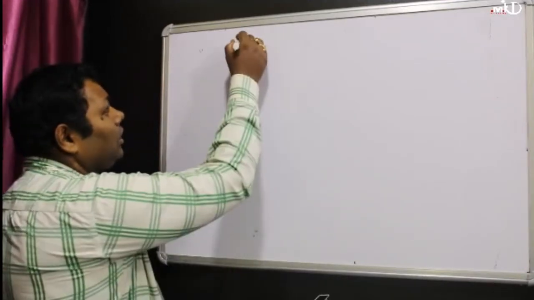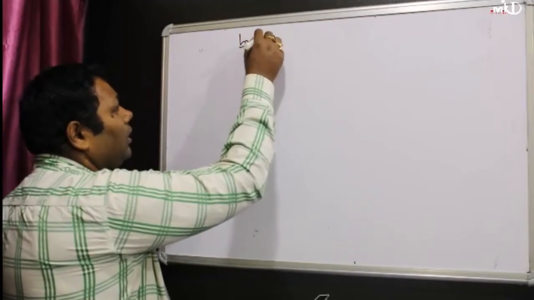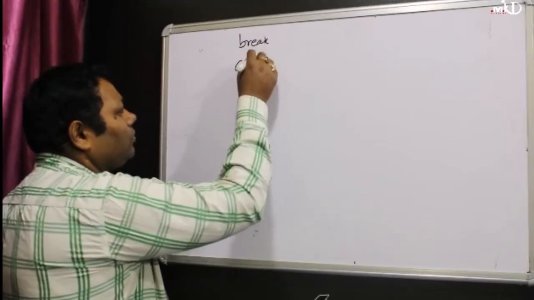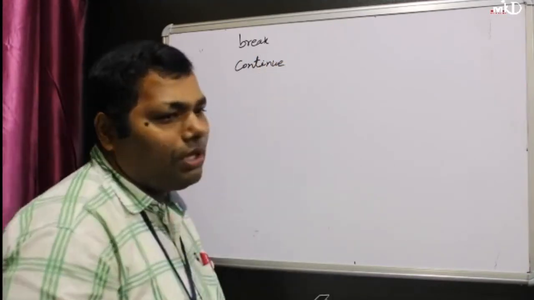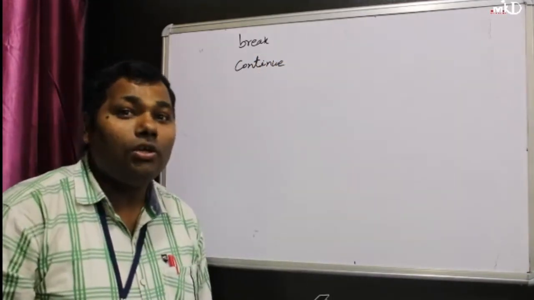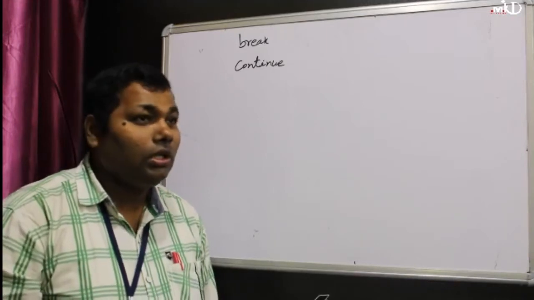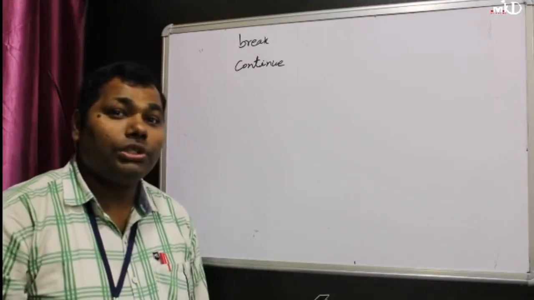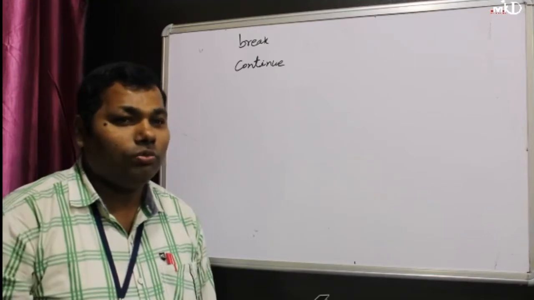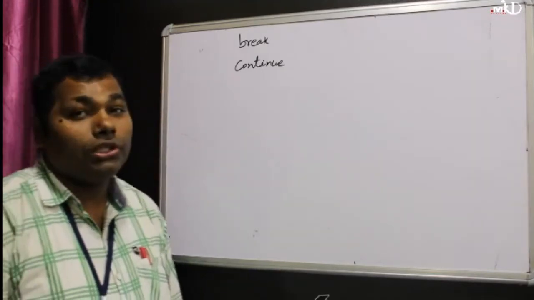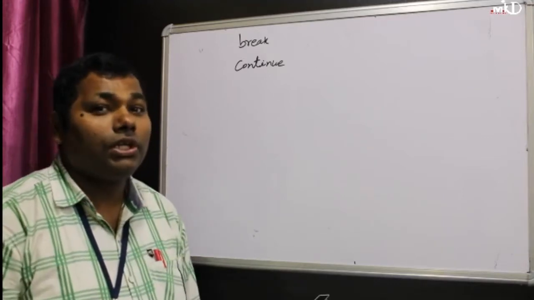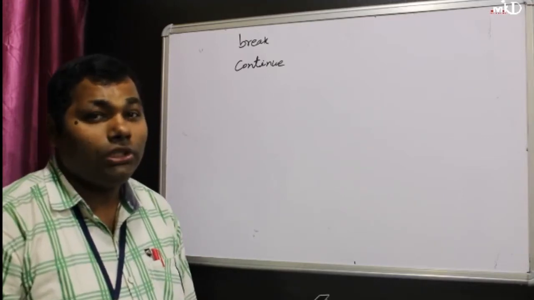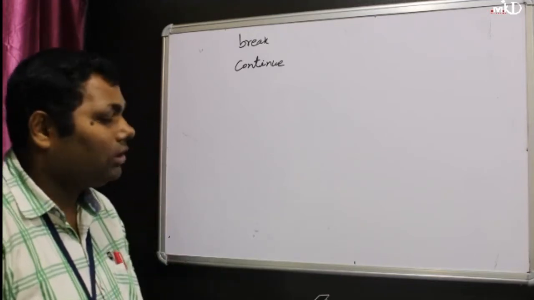They are called break and continue. These two statements are written inside the loop. Now the break statement is used in the switch case and loop, whereas the continue is used in the loop. But both break and continue have some condition which is written using if.